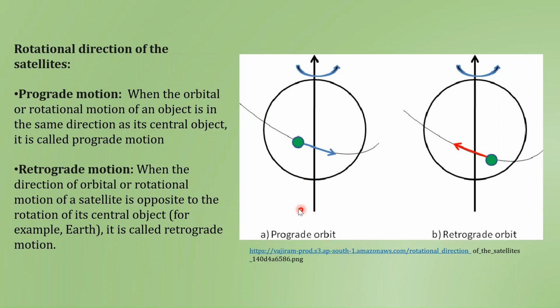This type of motion is referred to as the prograde orbit. But when the satellite motion is in the opposite direction to the rotation of the central object, or in our case Earth, then it is referred to as retrograde motion and the orbit is referred to as the retrograde orbit.